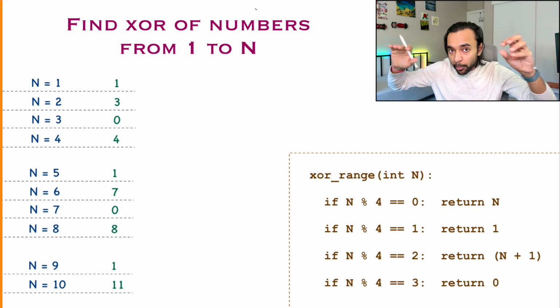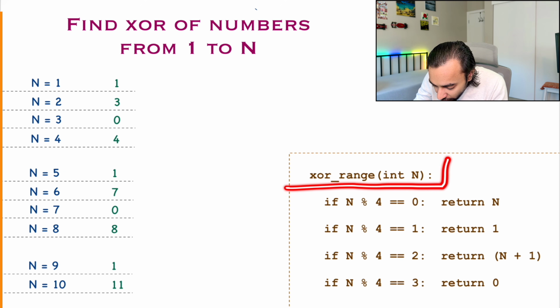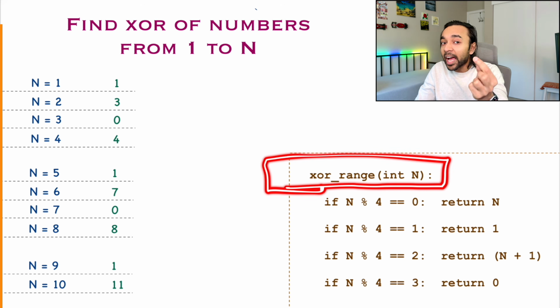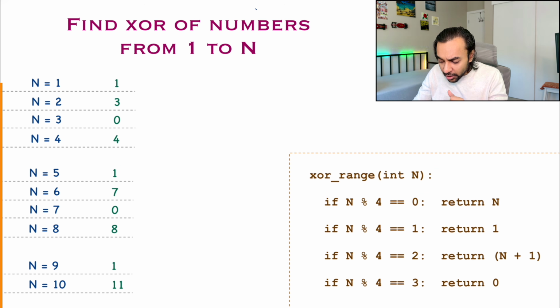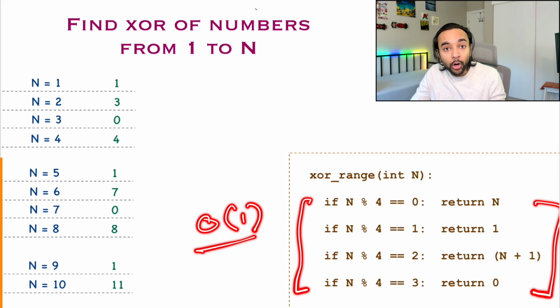And this is going to help you out a lot. You don't have to find out all of the XORs. Programmatically, I can define a function XOR range, and it just takes a single parameter, the integer n. Based upon this value, I can write a very small function that always works in order of 1 time, a constant time.